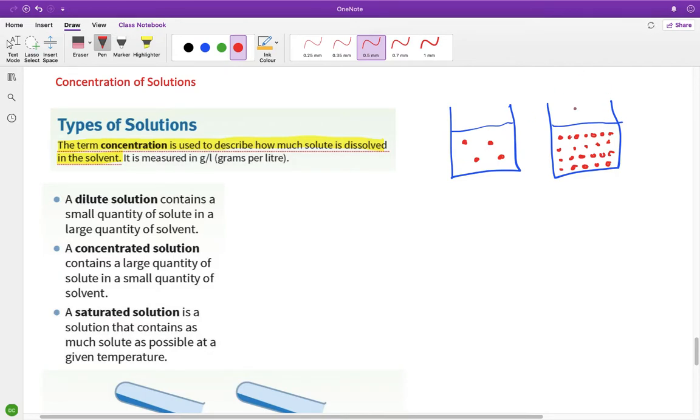This one over here is much more concentrated, because there's an awful lot more solute in that solution, whereas over here this would be less concentrated. There'd be fewer grams per litre in this solution. Okay, this would be more grams per litre. So, more concentrated.